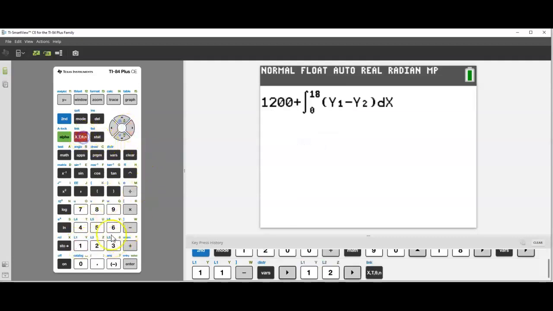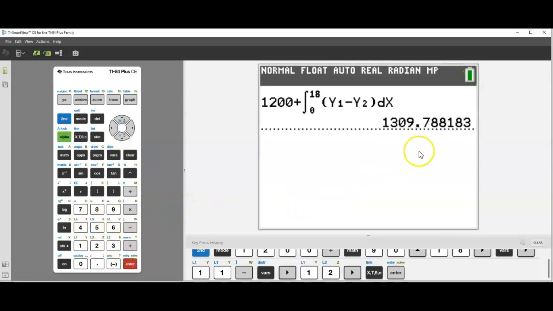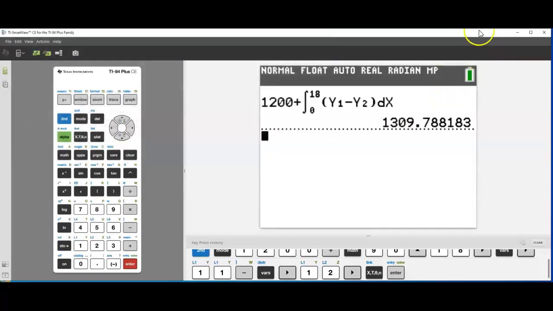I'm going to put our dx there, and then we push enter, and we'll have our answer. So it's 1309.788, and we're always going to round to the thousandths place. Okay, so our final answer would be 1309.788, and that's going to be in gallons.